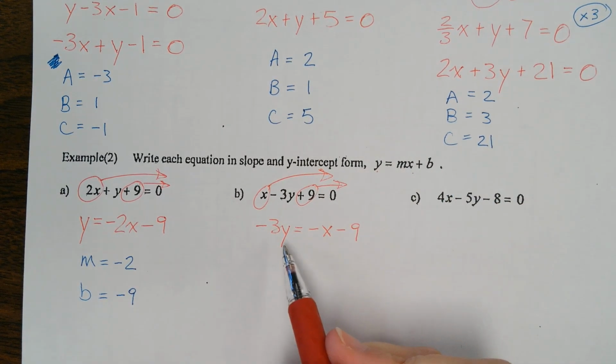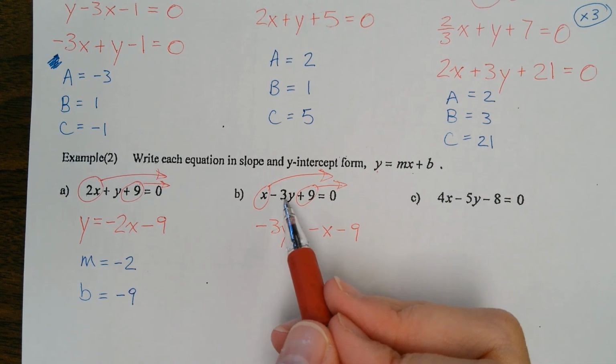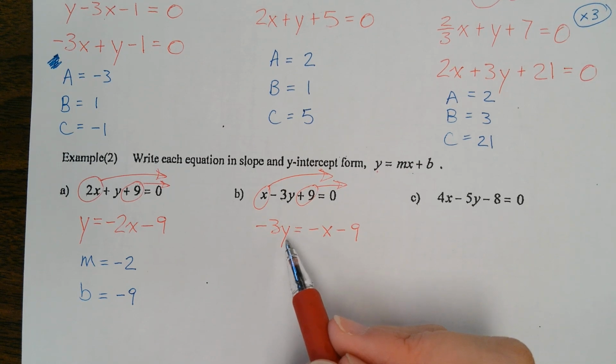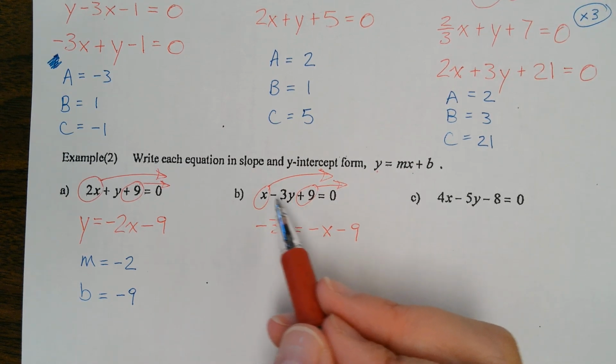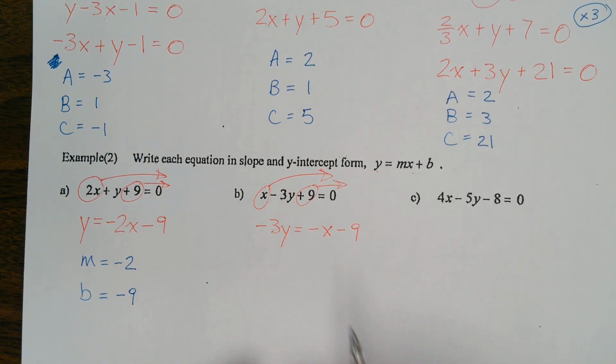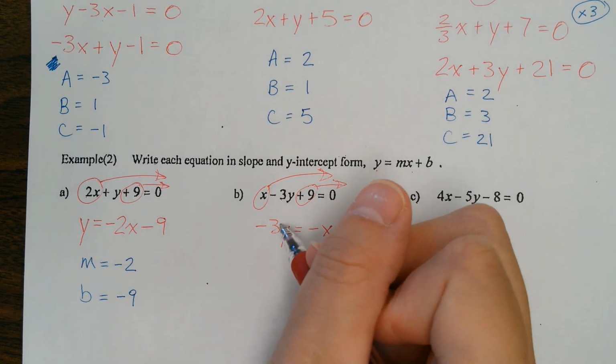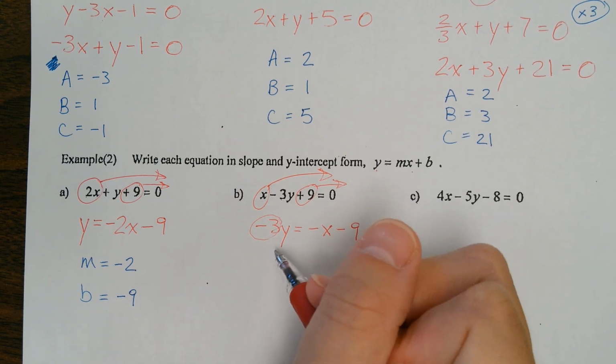Good job. Okay, I can't jump to y equal yet because this is still the -3y, right, Annie? So it's not y equal right away. It's -3y. This is still all one term. I didn't deal with that -3 yet. Now I'm going to deal with that -3. What am I going to do with this -3?